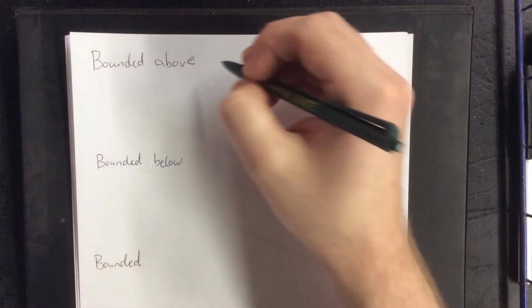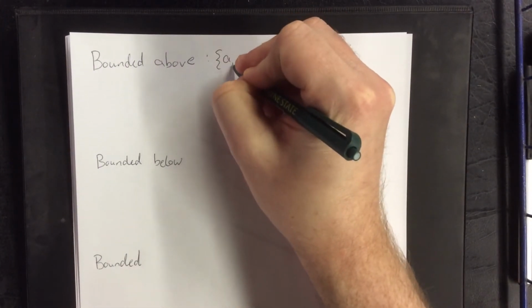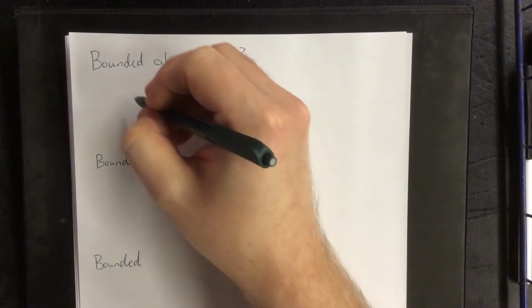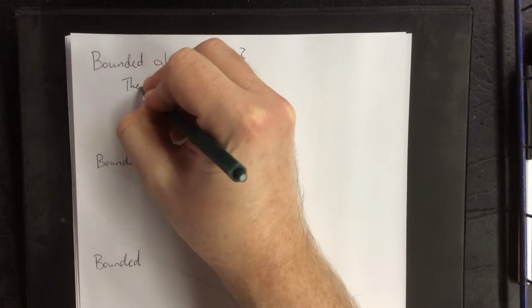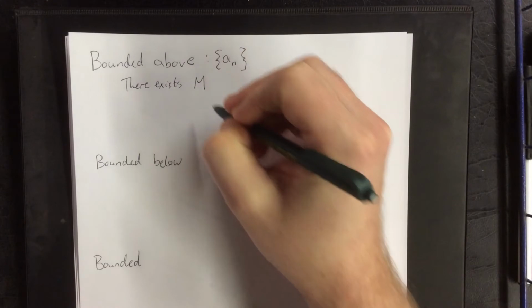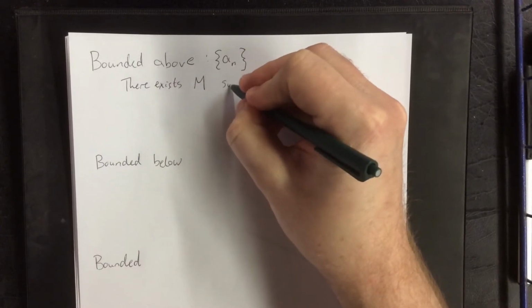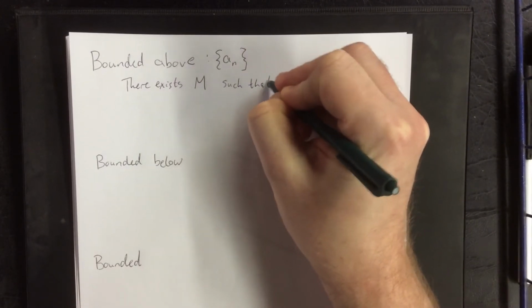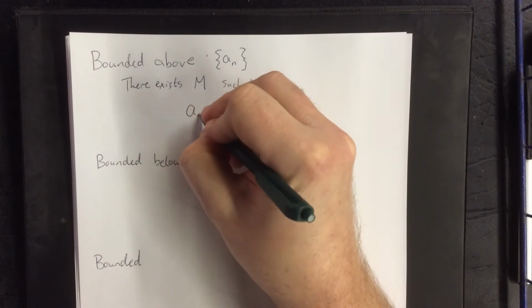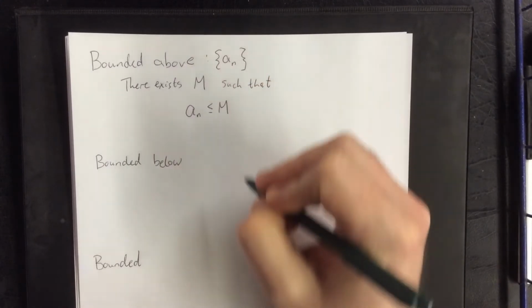Now some other definitions that we're going to be using for purposes of sequences. Bounded above means, well, first off, suppose that you have a sequence that takes on the following form, a sub n. It is bounded above if there exists a number, we'll call it capital M, such that a sub n is less than or equal to M, and in order to be bounded above, capital M serves as what we call an upper bound.